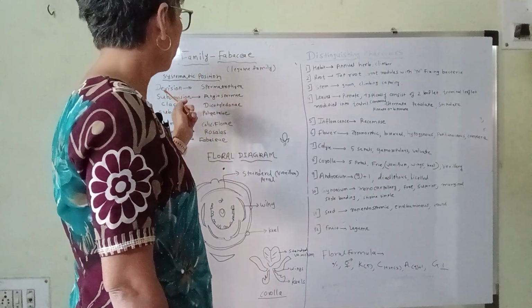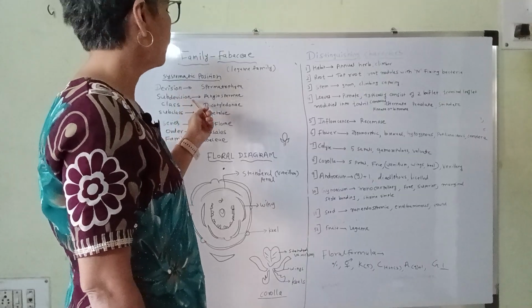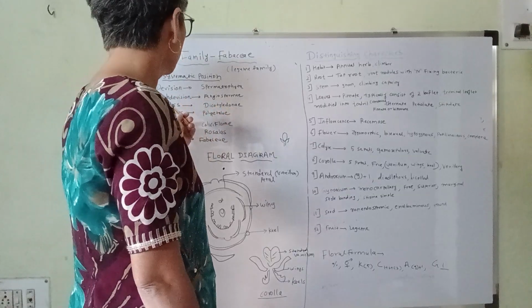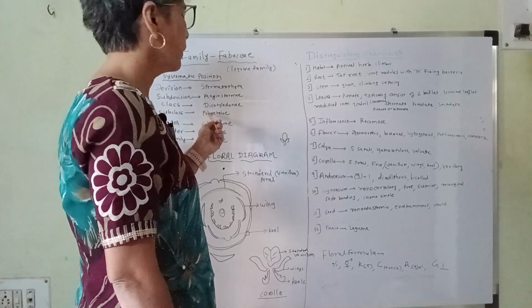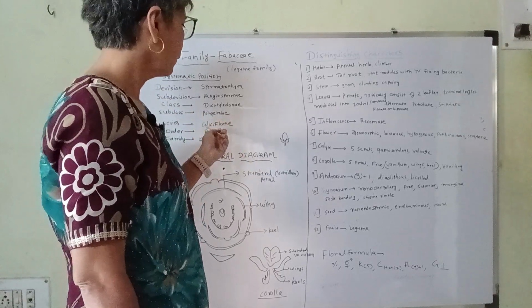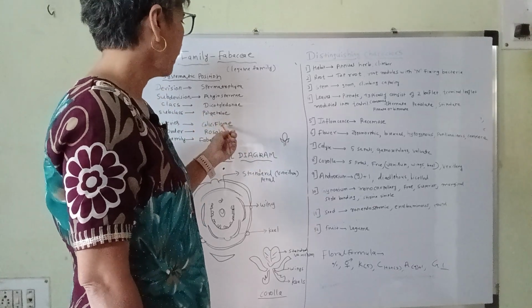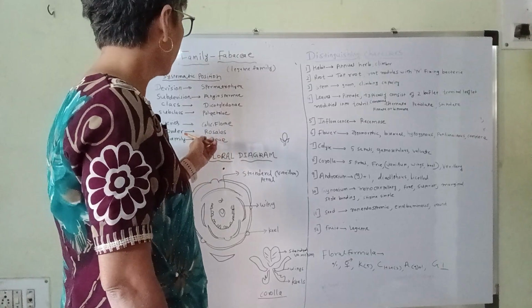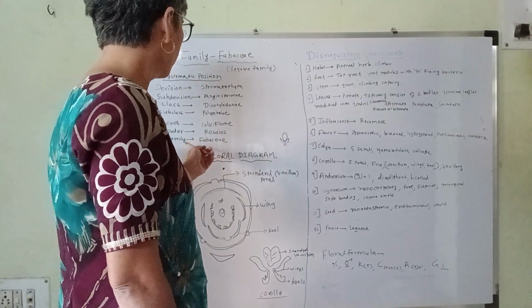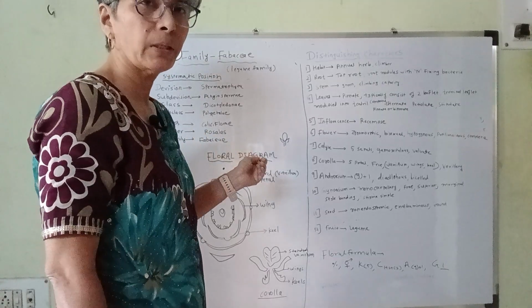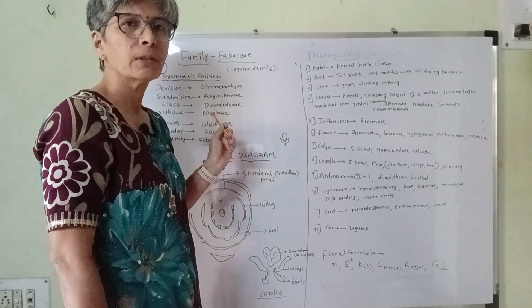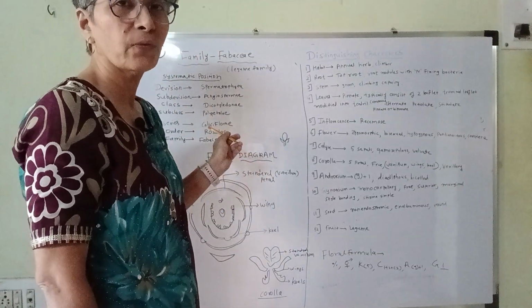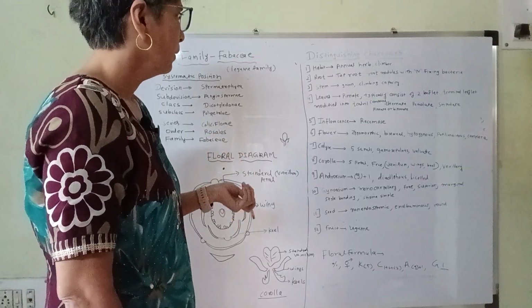Division is Spermatophyta, subdivision Angiospermae, class Dicotyledonae, subclass Polypetalae, series Calyciflorae, order Rosales, family Fabaceae. Okay, this is about systematic position of family Fabaceae.